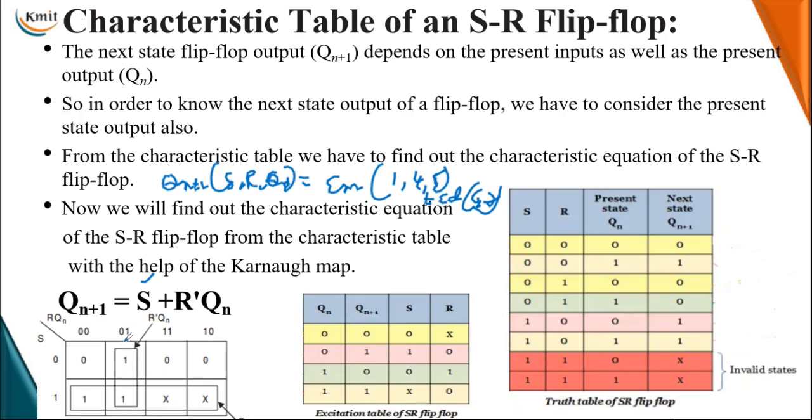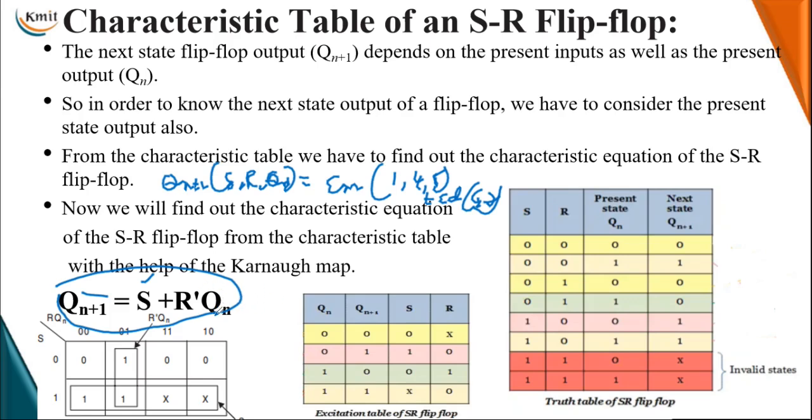R is 0, hence R bar, and Qn is 1, so the product term is R bar into Qn. So the characteristic equation of the SR flip-flop is Qn+1 = S + R bar Qn.